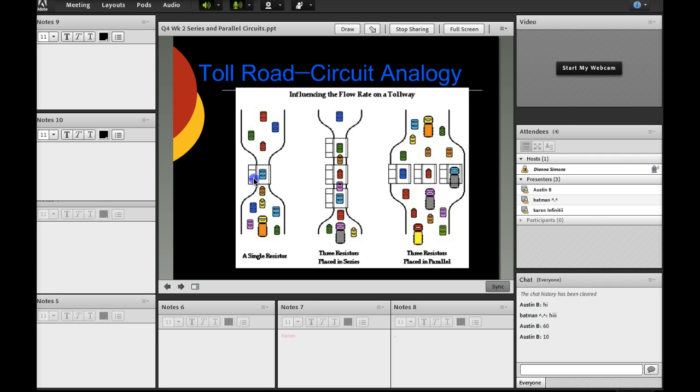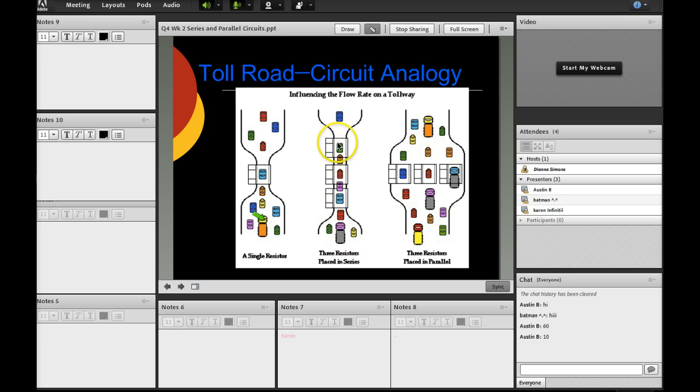If you have a crash right here, everything is going to be backed up. So a crash here is going to stop everything. Think of that as your series circuit. Right here, crash, nothing's going through.